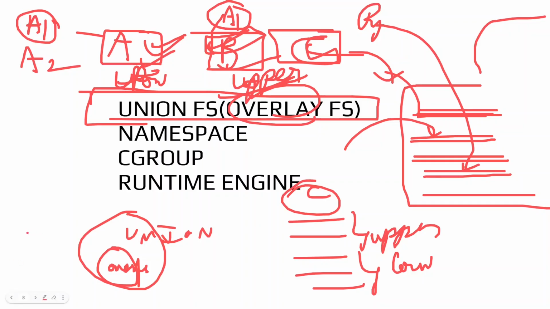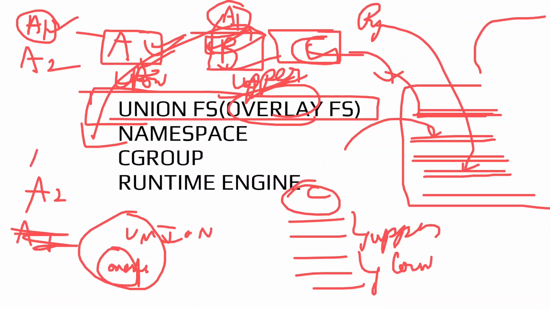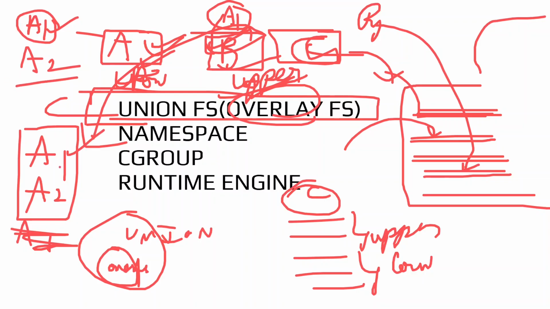First the ones in the lower come in, A1 and A2, and then the upper gets placed on top. Since A1 is repeating, it gets replaced with the one in the upper. So this is the eventual result: A1 from the upper and A2 from the lower.